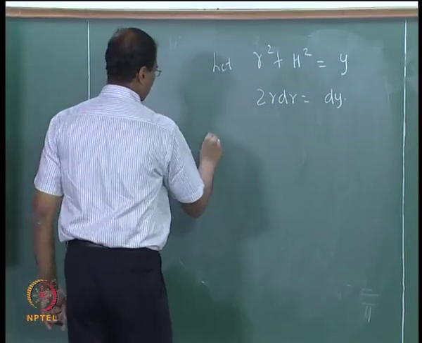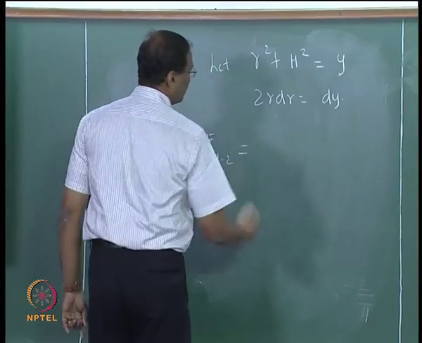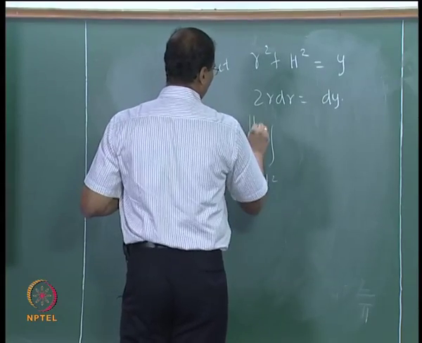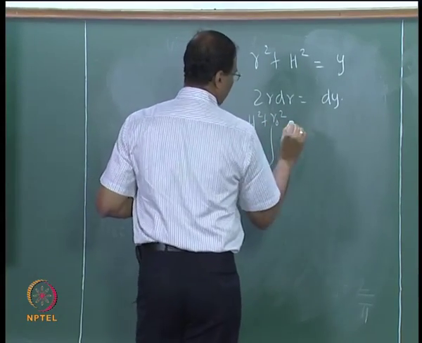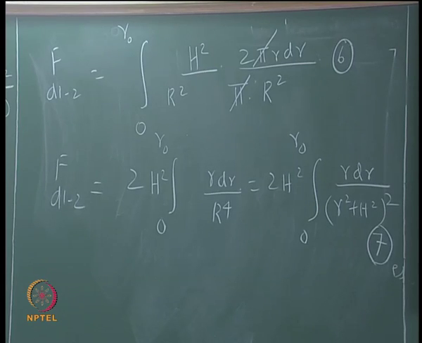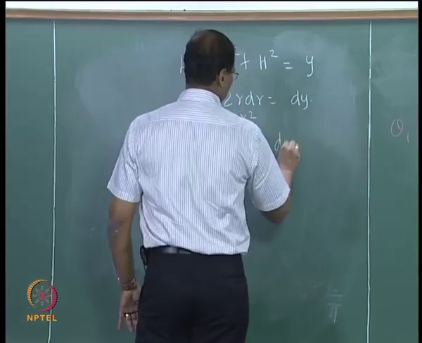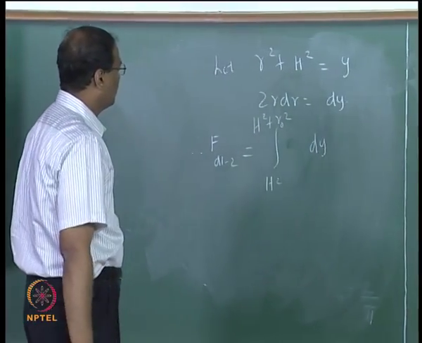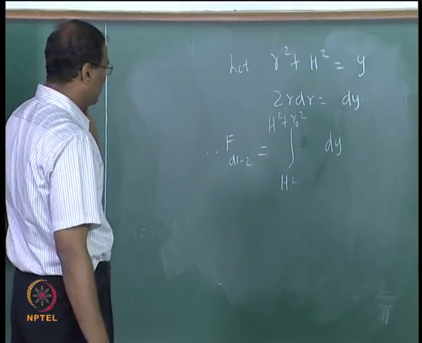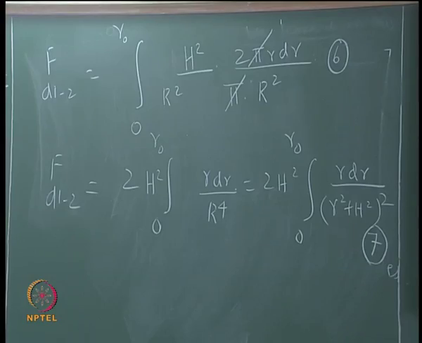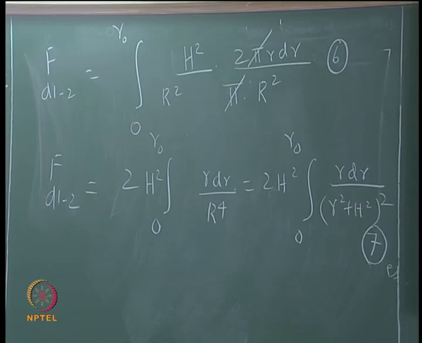Therefore, so I will have a half, is it? h square by 2, by 2 y square.